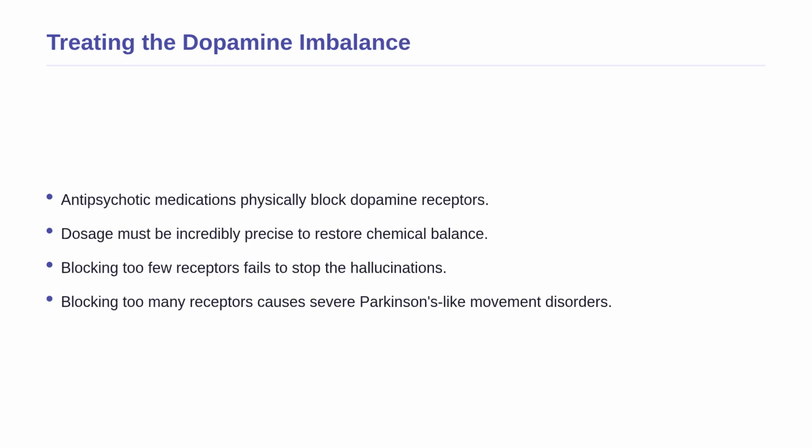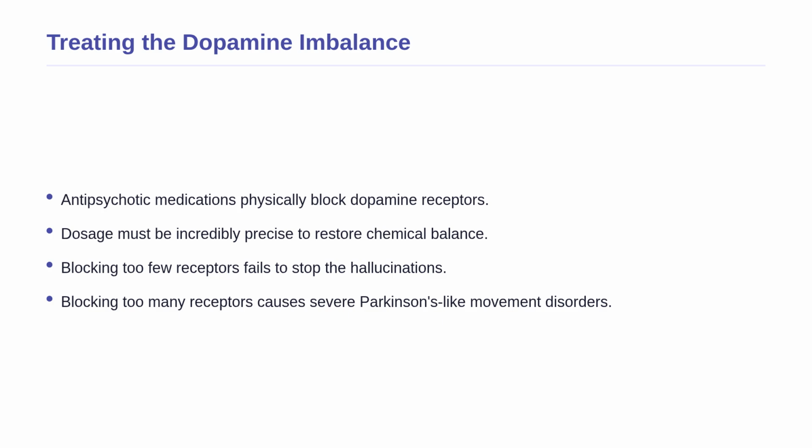This dual imbalance brings us to an important question. How do we treat it? To treat the overactive dopamine system, psychiatrists prescribe medications called antipsychotics. These drugs work by physically blocking the dopamine receptors so that the excess dopamine cannot bind to them.